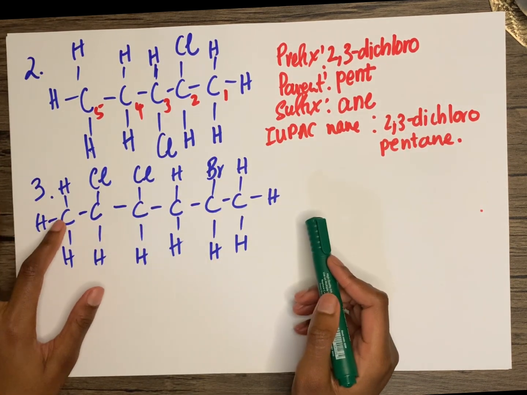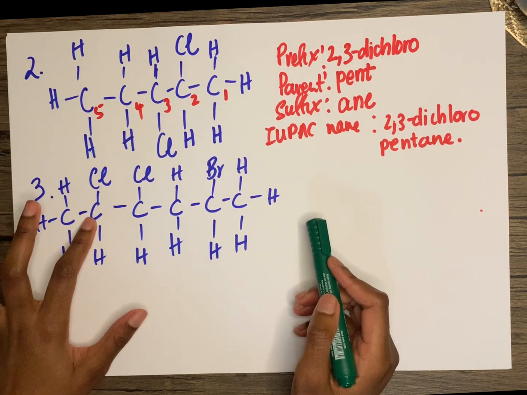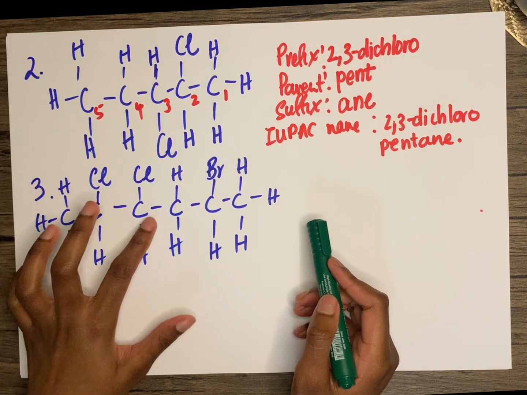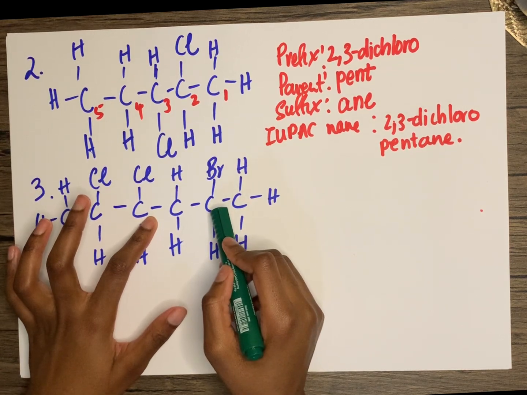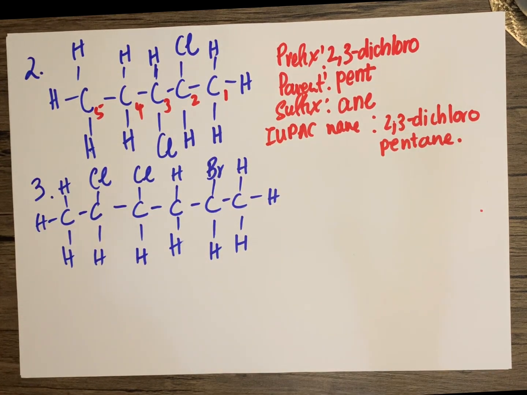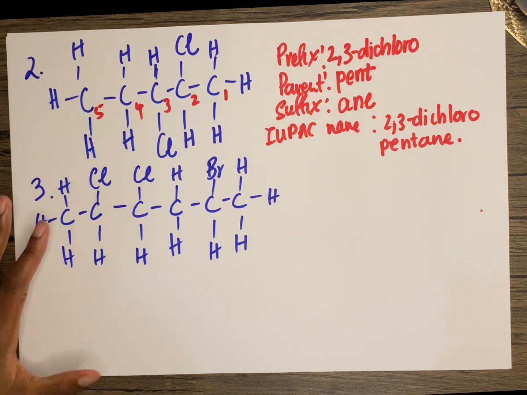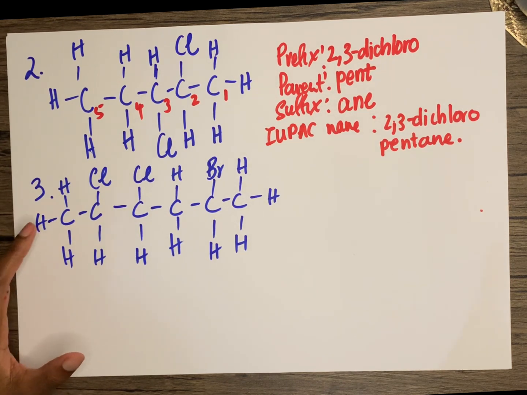If I number from the left, my first one is going to be on the second carbon, then on the third, and then on the fifth. So when I look at the two, the numbering that is going to give me the lowest number possible for most substituents is numbering from the left. Yes, numbering from the left.